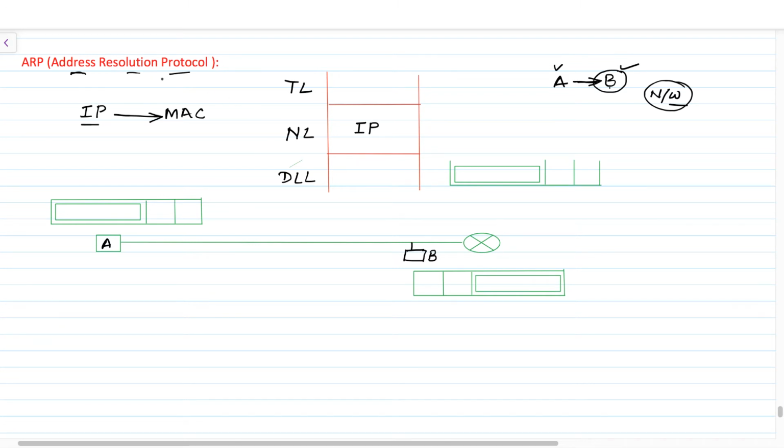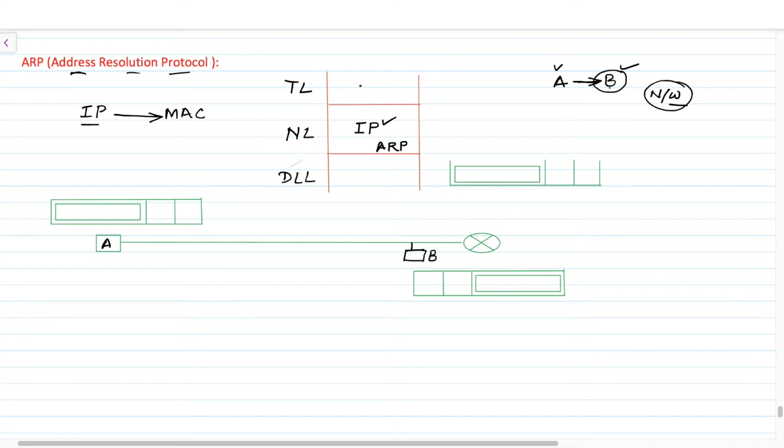The position of ARP, Address Resolution Protocol, in this network layer is below IP. As we know, an upper layer always gets support from the bottom layer. So here we can understand IP is going to take the support of ARP in order to forward its packet from the network layer to the data link layer.